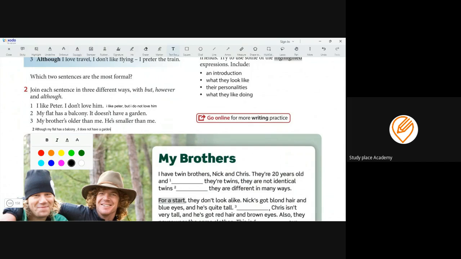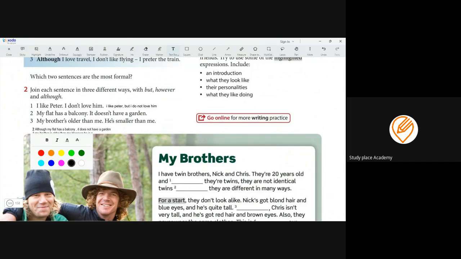Okay. The third one, my brother is older than me, period, and then capital letter, however, he is smaller than me.